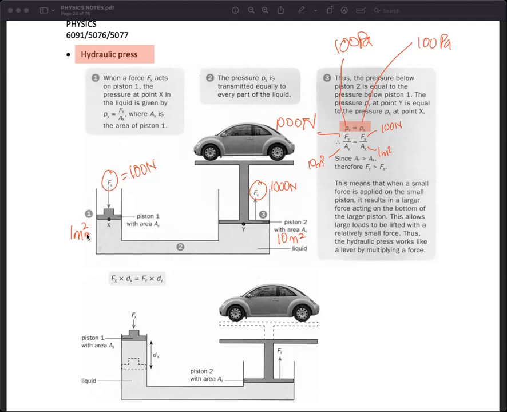So what is the catch? To lift something that is very, very massive, we just need to multiply the area. So a 10 times bigger area can produce a 10 times bigger force. So is there any catch here? Can you think what the catch is?